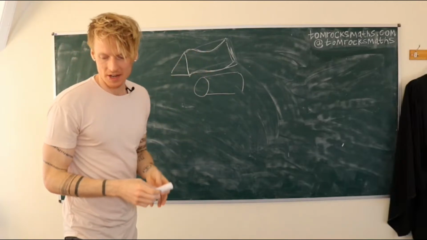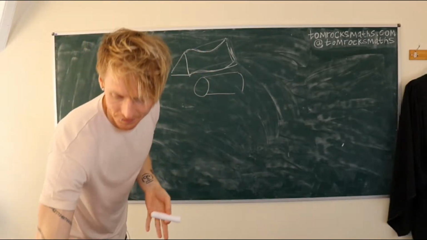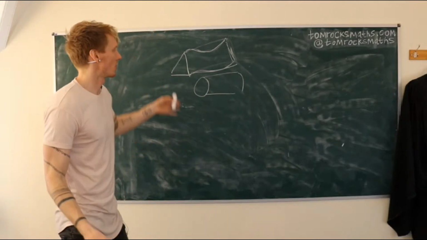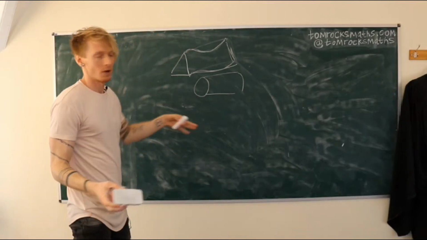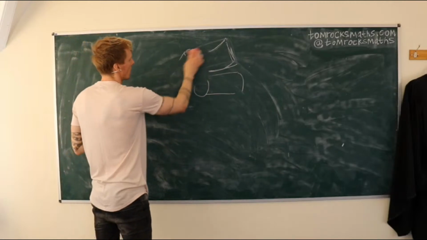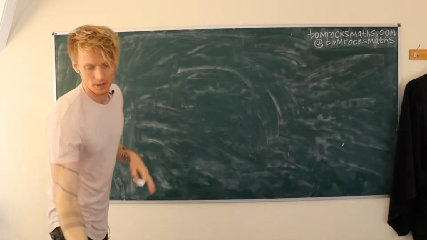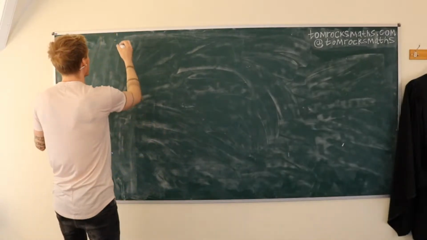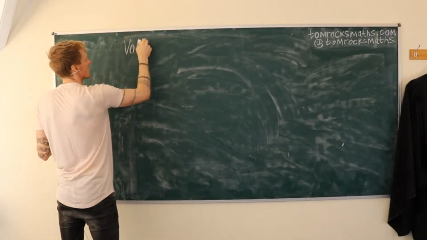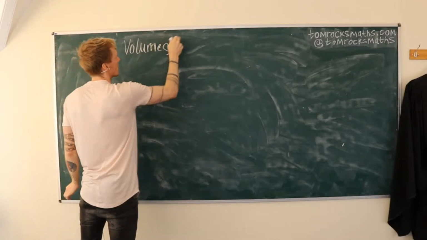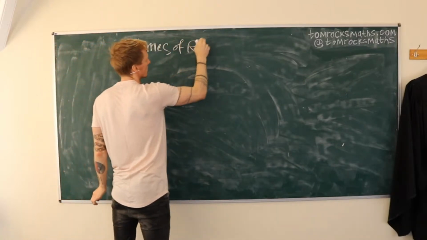So the next logical step after looking at regular prisms would be to look at something that we call volumes of revolution. So this is what we're talking about next, volumes of revolution.